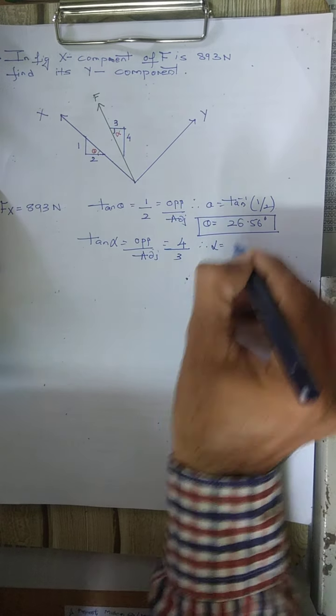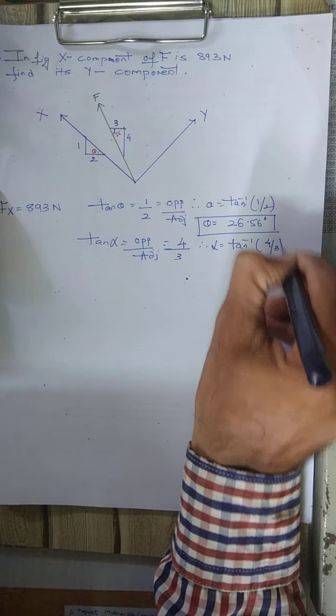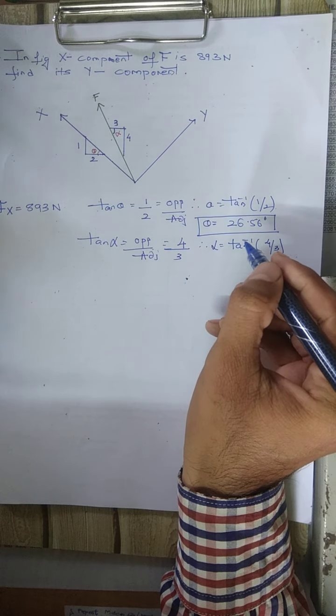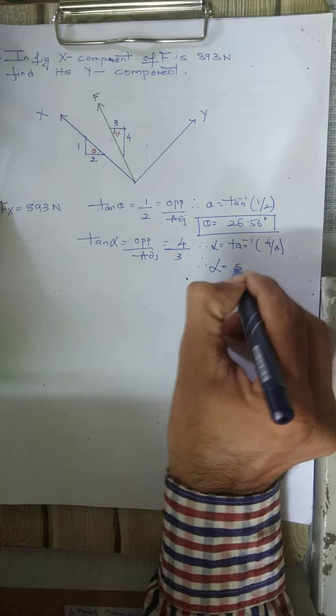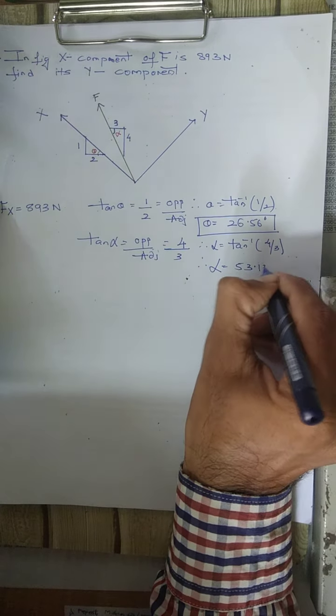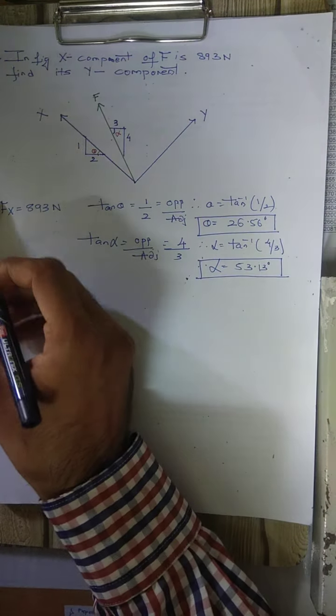Therefore alpha is equal to tan inverse of 4 by 3, which comes to be 53.13 degrees. Up to this the concept is clear.